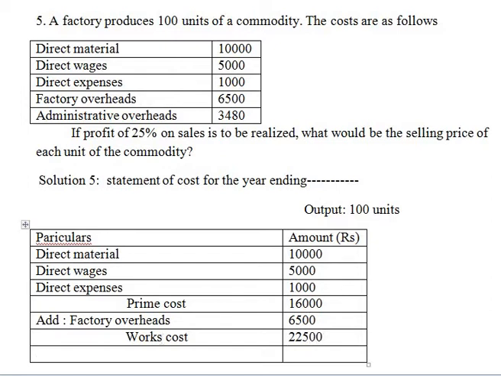Next, add administrative overheads. Administrative overheads are also given, 3,480.